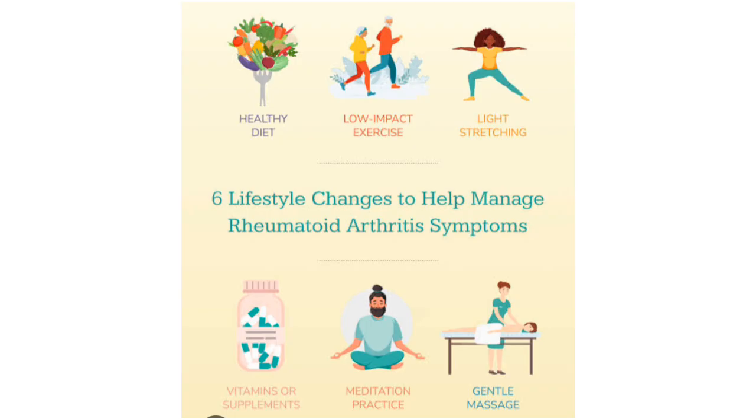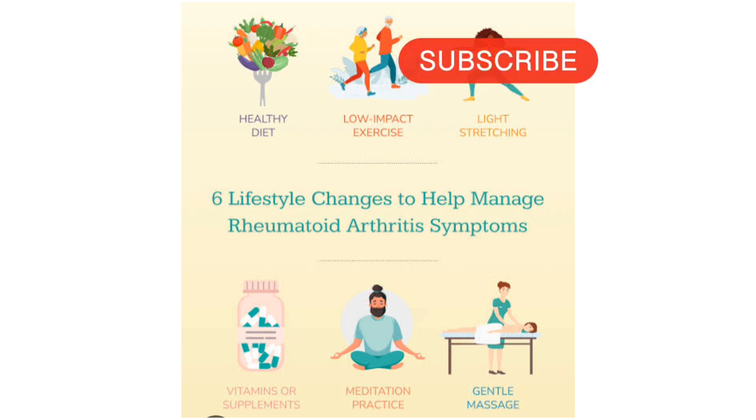Now let's take a look at the lifestyle modifications you need to implement if you have rheumatoid arthritis, because lifestyle modifications like exercise and diet are very important to manage your symptoms and disease activity. For people with rheumatoid arthritis, exercise can be very beneficial for relieving pain and joint stiffness, and it can be particularly helpful during a flare of rheumatoid arthritis.